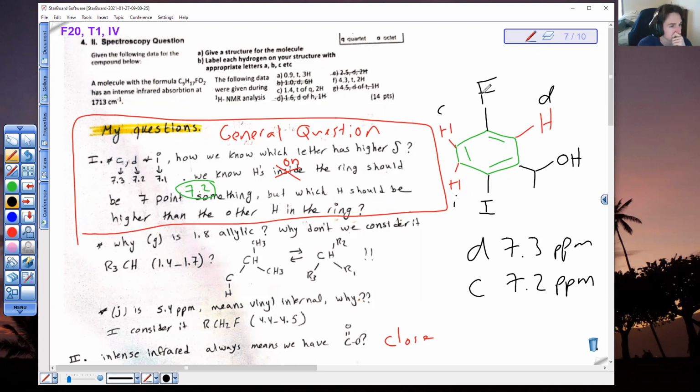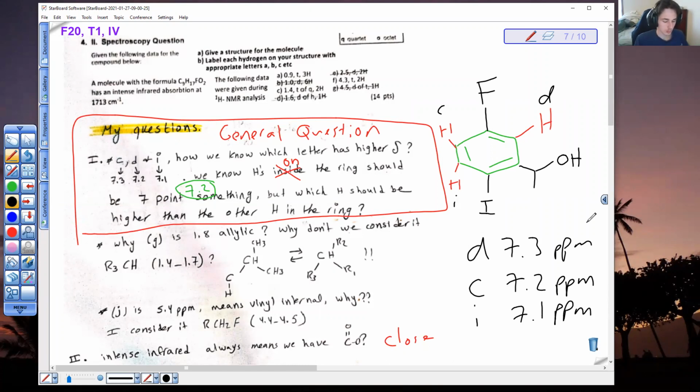This one's close to the fluorine, but the next atom that's close is not as electronegative as that. So I lowered it a little. And I, not that special. Iodine's not that electronegative. My carbon here was the same electronegativity as iodine, but it has an O on it. And I would go with a slightly lower number for that one.